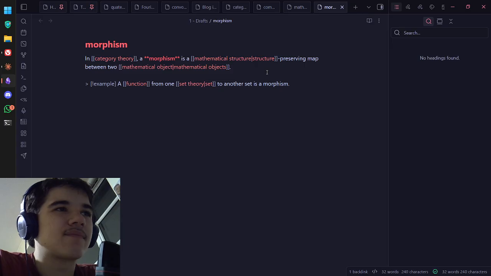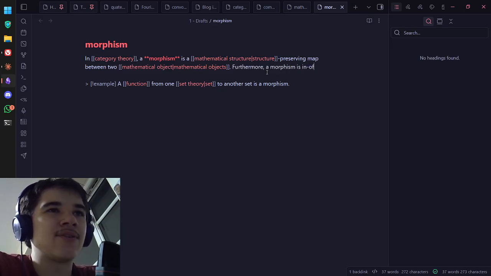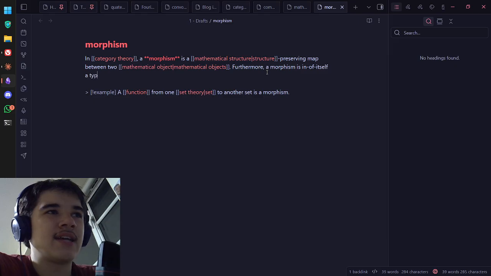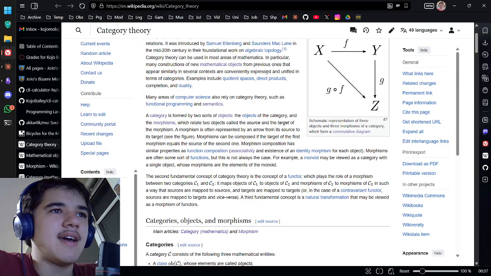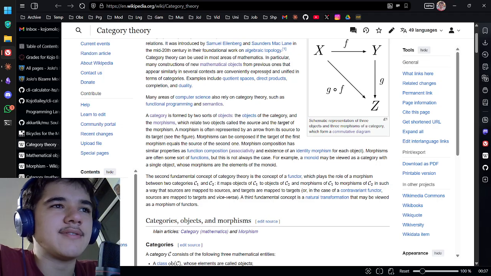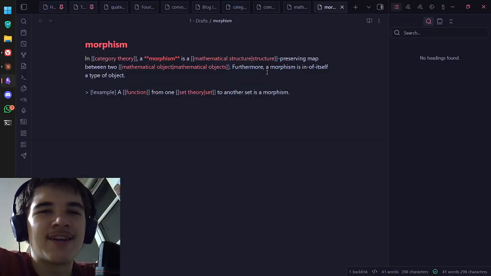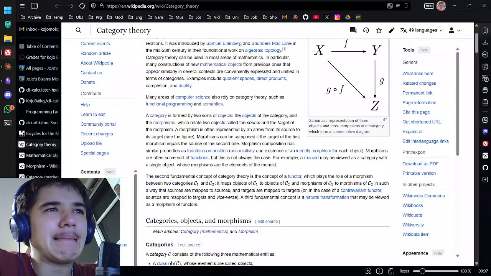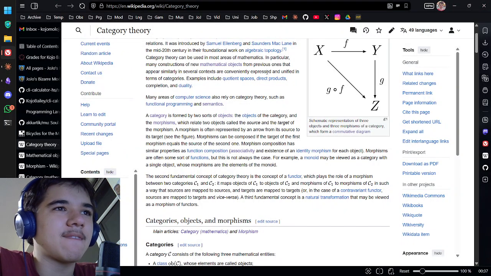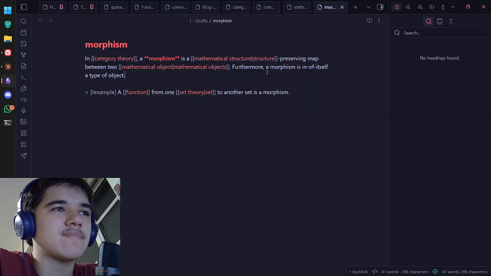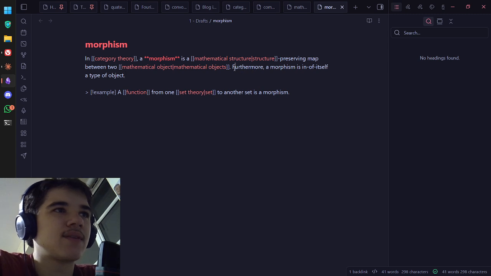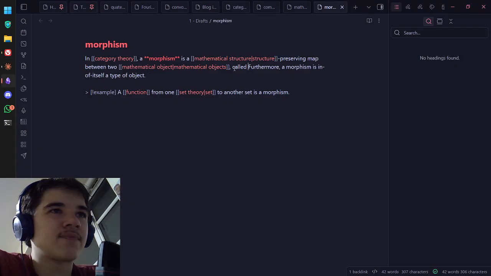Furthermore, a morphism is in and of itself a type of object. And then I guess you would infer that you could apply a morphism between morphisms, right? Called the source and target, it says.